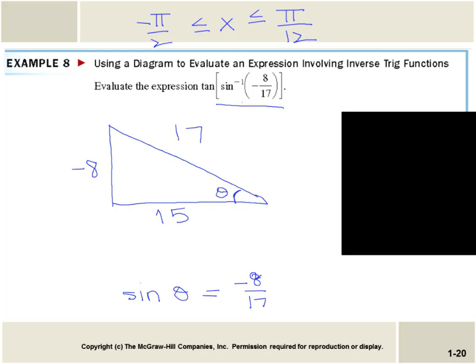Right. So now, in quadrant 4, the tangent is what? What's the tangent of theta, or the tangent of this triangle that I just drew?